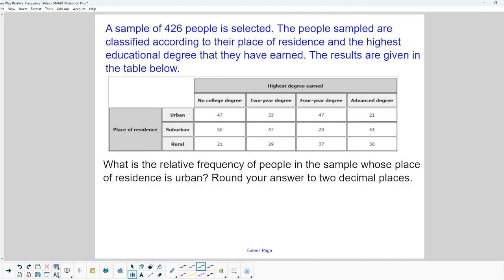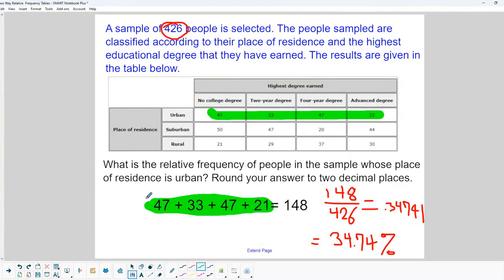What is the relative frequency of people in the sample whose place of residence is urban? So all we had to do in this case was just add up all the numbers in the urban column, and that ended up being 148. So that's 148 out of 426 people live in an urban location.